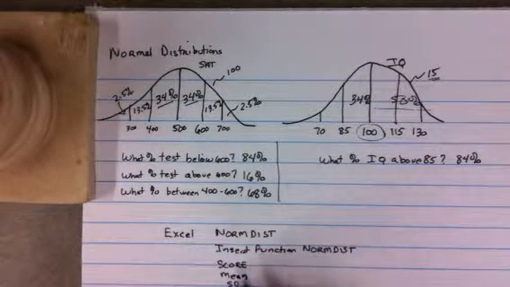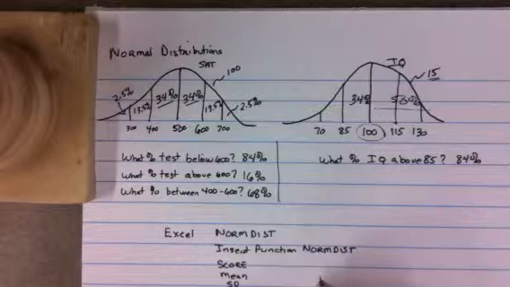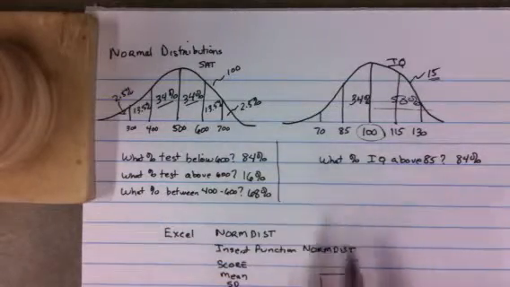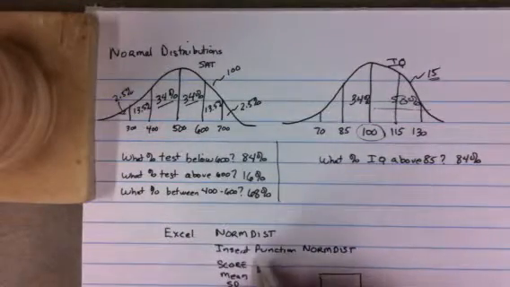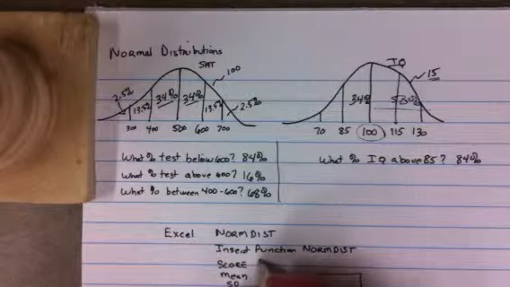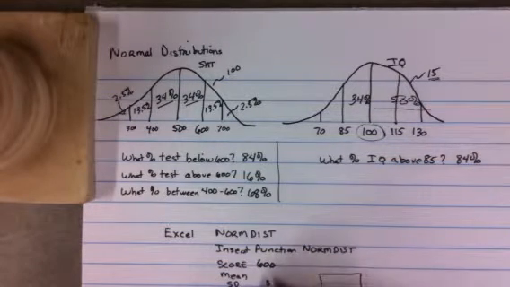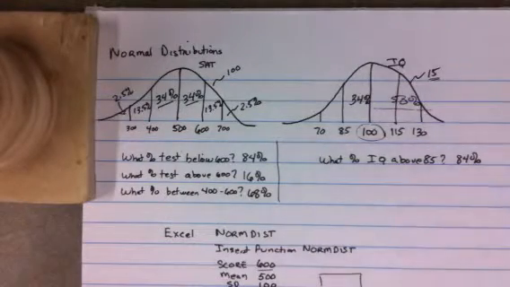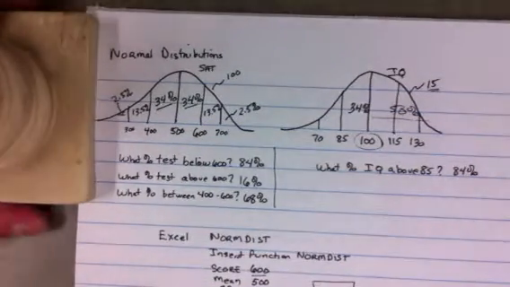And it spits out the proportion of the people to the left of that score. So, for example, if I punched in 600 for the score and 500 for the mean and 100 for the standard deviation. Let me slide this up so you can see what I'm writing.